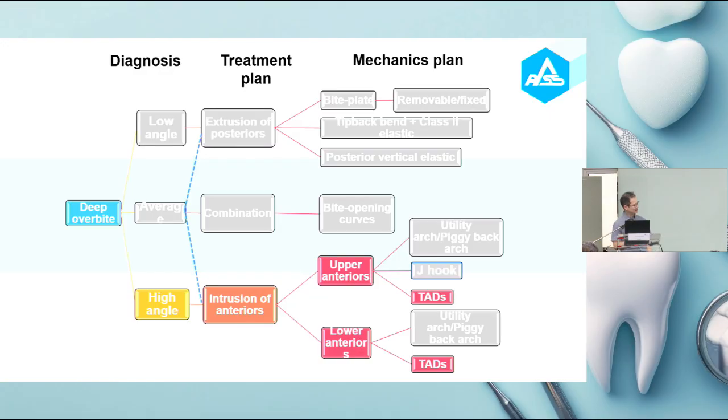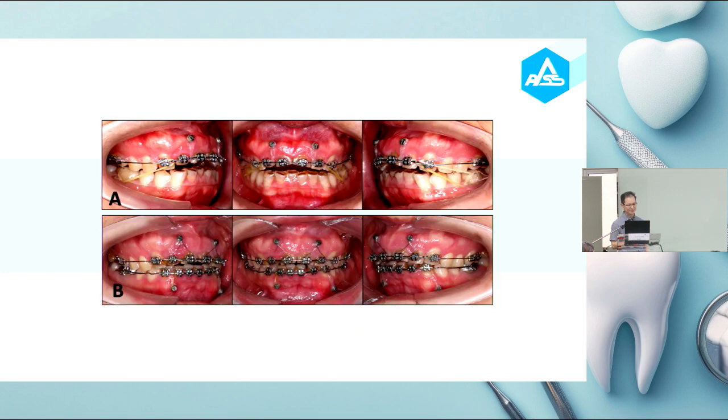And in this case, we use TENS to intrude the upper and the lower anterior teeth. To intrude the upper incisors, 2 mini screws were placed between the upper lateral incisor and the central incisor in order to avoid the tipping of the upper incisor during the intrusion.